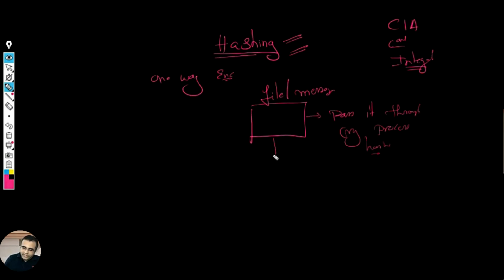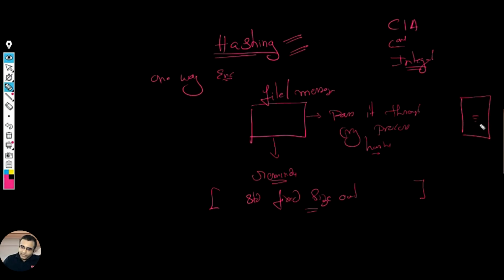When they do this, they get an output, which is going to be a standard fixed size output. Now, if the original message reaches the destination, they calculate the hash value there as well. The hash value that was sent has to match the hash value calculated at the destination machine. If the hash value remains the same, that means the file has not been modified.